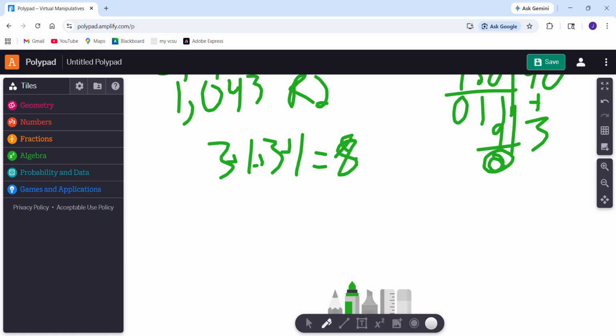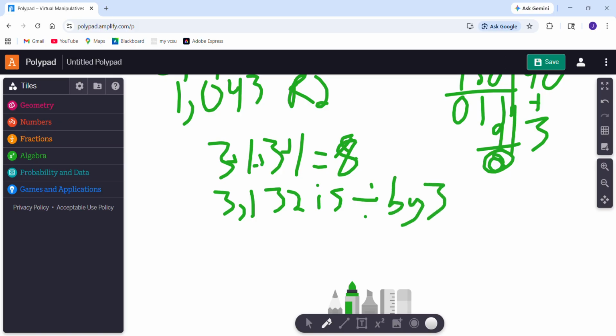So what we can simply do is change the number in the ones digit, we can make it a 2. 3,132 is divisible by 3, because 3 plus 1 is 4, plus 3 is 7, plus 2 is 9. 9 divided by 3 is 3.